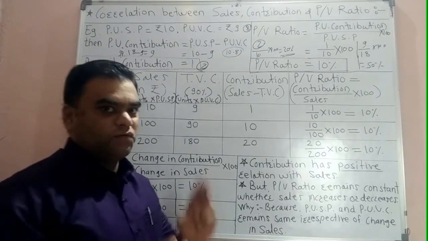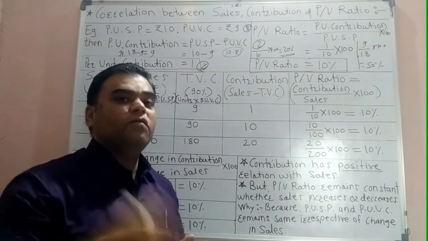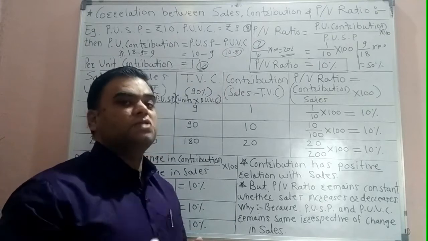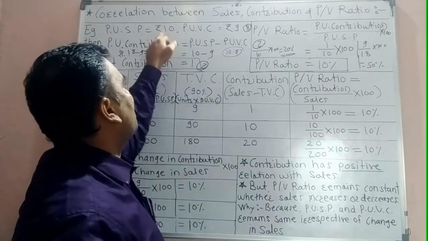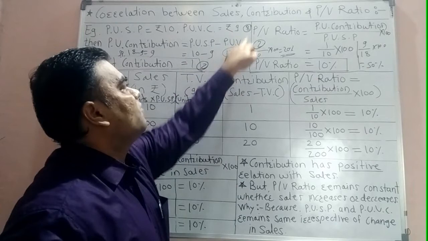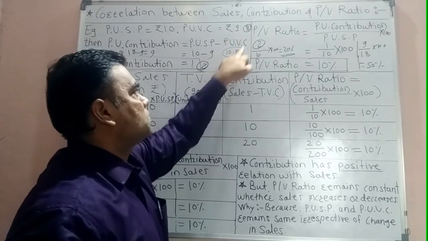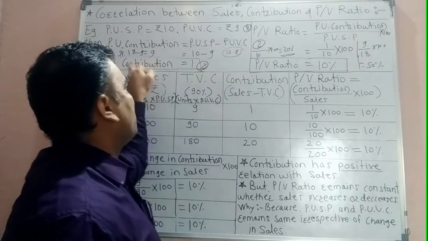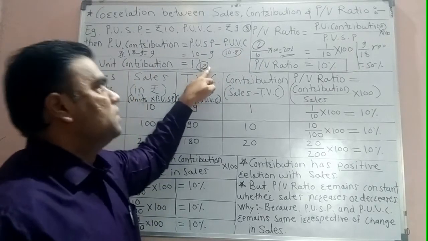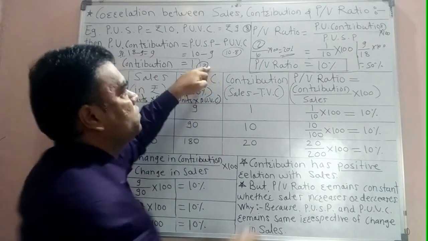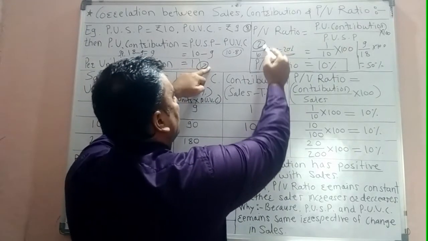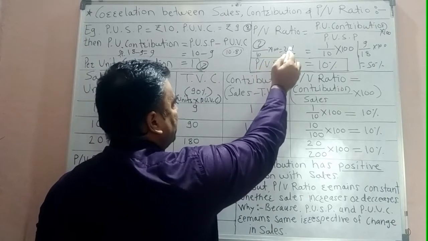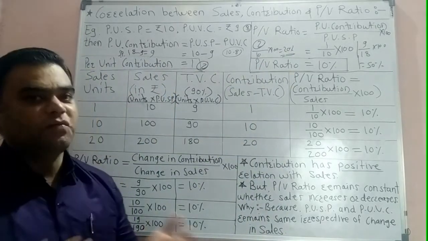So what will be your revised PV ratio? Per unit contribution 2 upon per unit selling price 10, into 100, 20% will be the PV ratio.